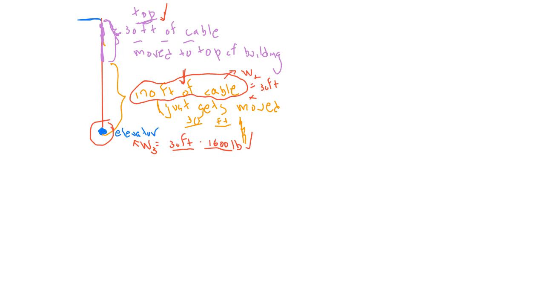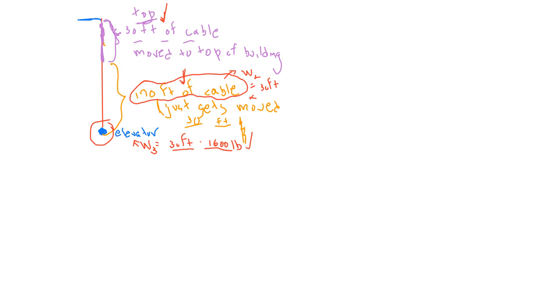The top 30 feet of cable actually gets moved to the top of the building. So it works differently. The bottom 170 feet of cable is just like dead weight that gets moved 30 feet. That bottom 170 feet of cable never reaches the top of the building. So it's just like the elevator.